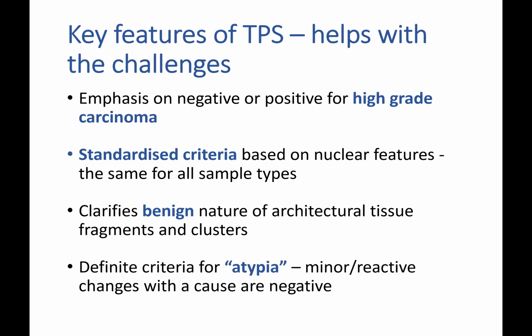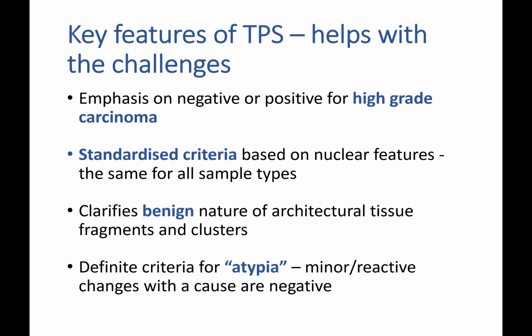And as you can see, the emphasis of the PARIS system is very much on determining whether a sample is negative or positive for high-grade urothelial carcinoma, recognising that urine cytology is just not good at detecting low-grade neoplasia.